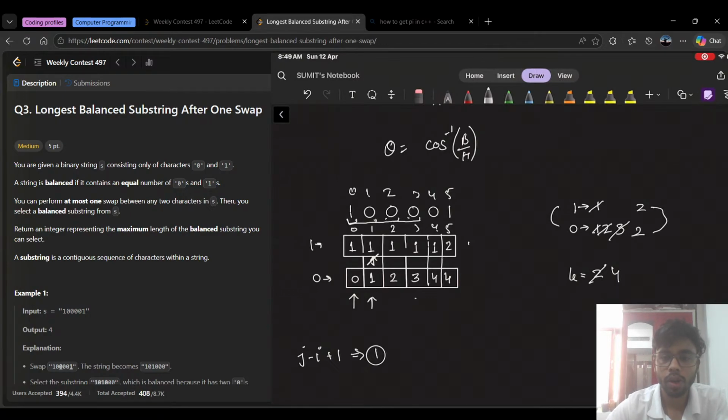Ones of i equals to ones of i minus 1. Okay, I will need to iterate this more. That will be the only thing.